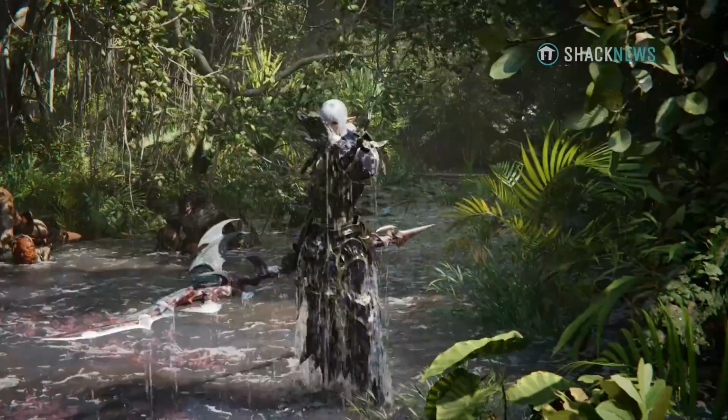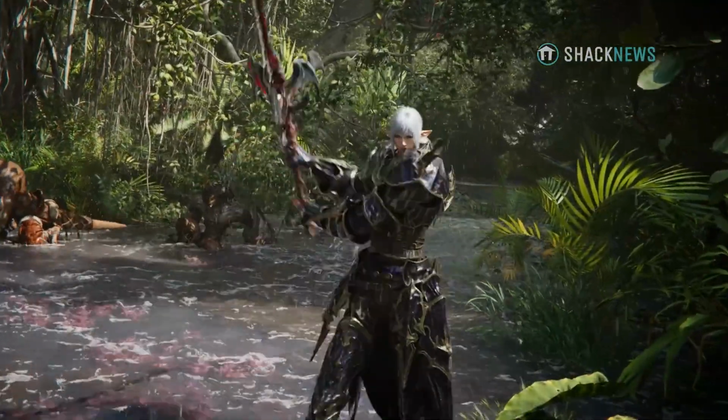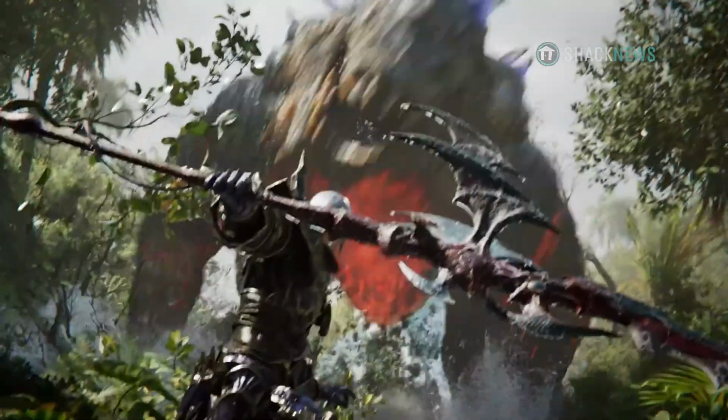So with Dawntrail, of course, we were going to raise our level cap to level 100, and that was actually from a UI perspective a big change, because everything was written up to 2 digits for the levels, but now it's going into 3 digits. So there were a lot of areas we needed to update our UI because we had to accommodate for the number of digits in the level.